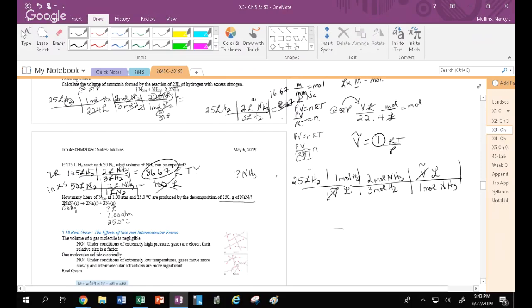This is my unknown. This one I could find moles because I have the ability to figure out what the molar mass is. So starting with what I know, I have 150 grams of sodium nitride or sodium azide.